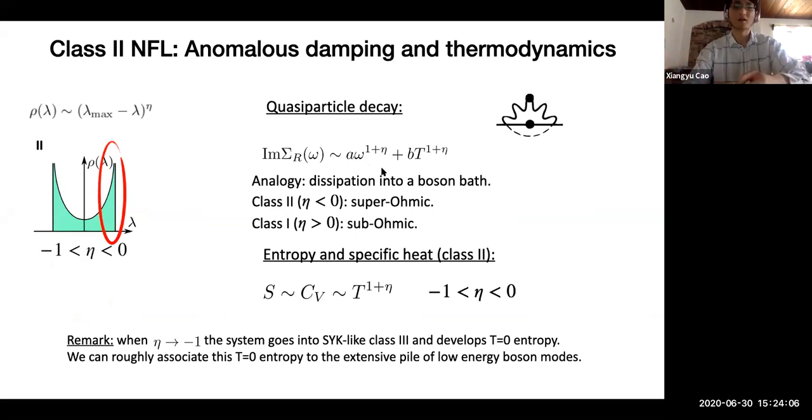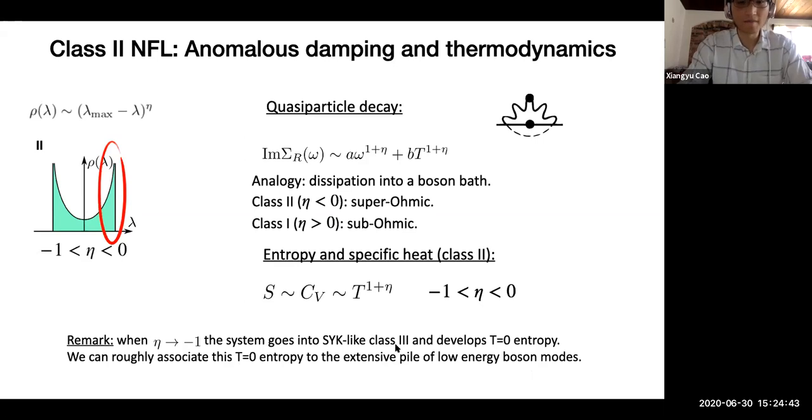So you are damped very fast, and as a result, you can show that in this non-Fermi liquid class, you can have a normal specific heat, which is larger than the Fermi liquid case, which is proportional to T. And in particular, if you go to eta equal to -1, then this edge will become a delta peak, and you will develop a residual T equal to 0 entropy that we can see in class 3.